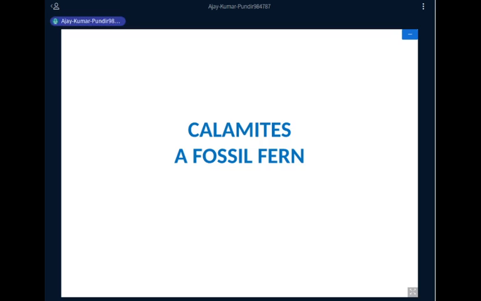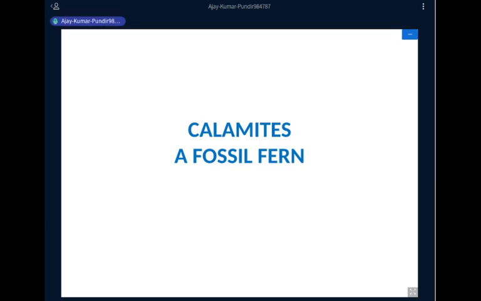In the last lecture, I taught you one very interesting fossil fern which belongs to the same division, Sphenophyta, that was Sphenophyllum. Today, I want to discuss your next fossil plant of your syllabus, that is Calamites.